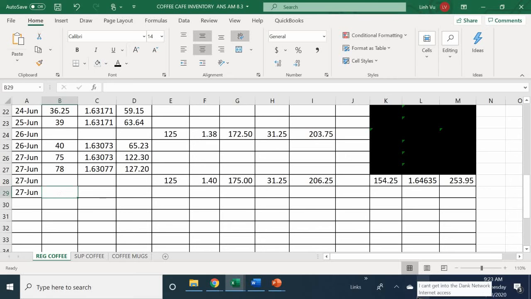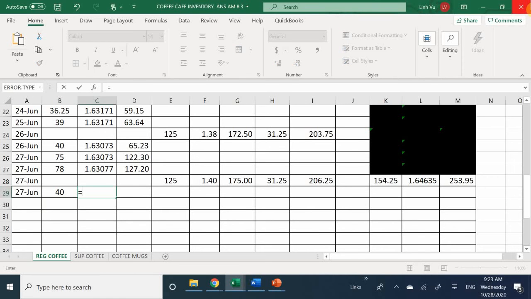I believe it was 40. Yeah, 40 pounds. Good. At what cost am I going to be using?